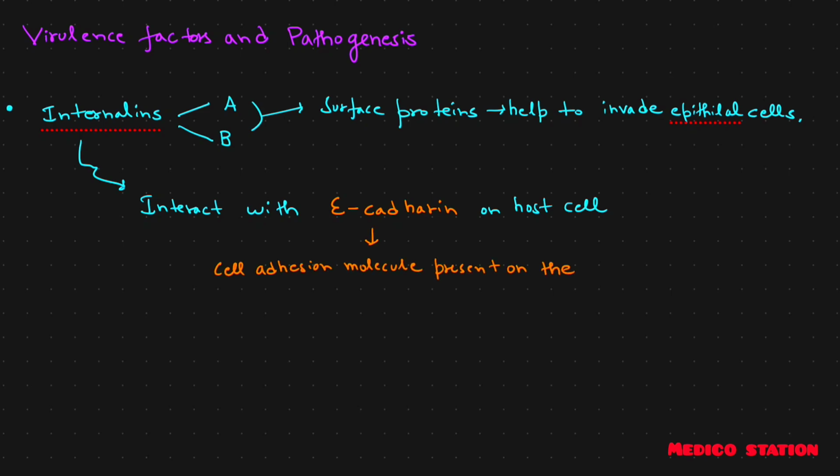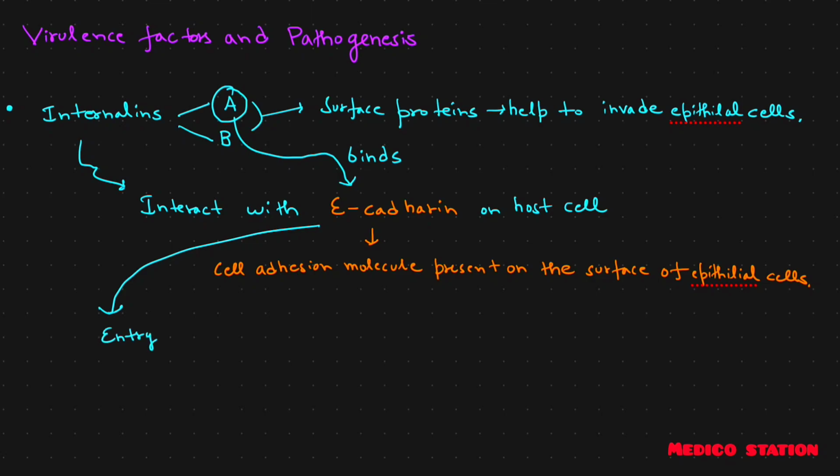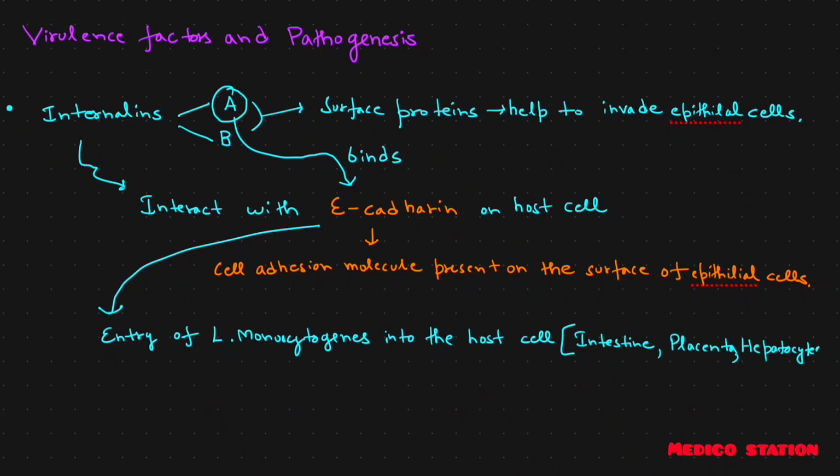E-cadherins are the cell adhesion molecules present on the surface of host epithelial cells. Internalin A binds to E-cadherin and this causes the entry of Listeria into the host cell. This mainly includes intestinal, placental or hepatocyte cells because E-cadherin is highly expressed in these cells.